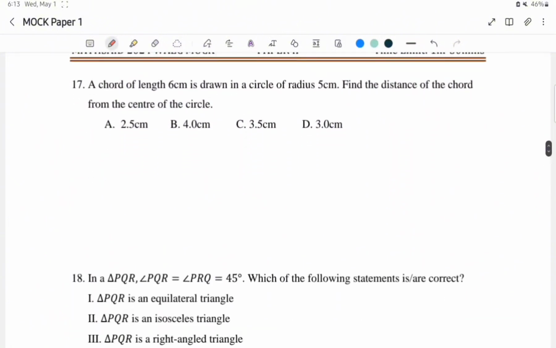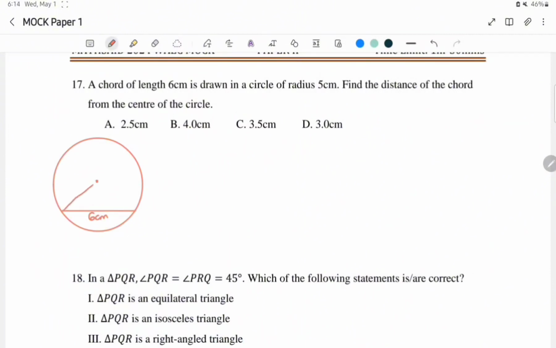Question 17. A chord of length 6 centimeters is drawn in a circle of radius 5 centimeters. So let's say this is the chord. Let's say this is the center of the circle.